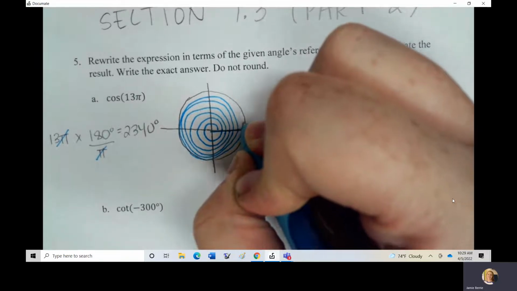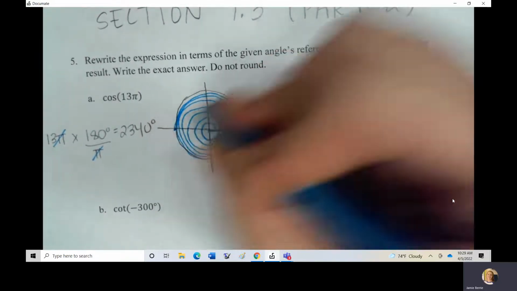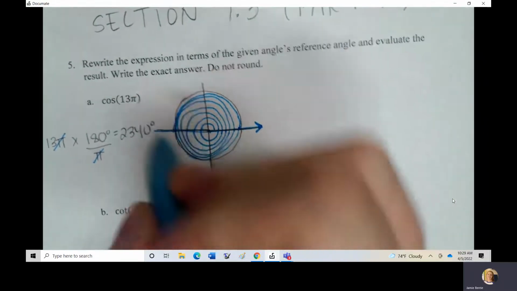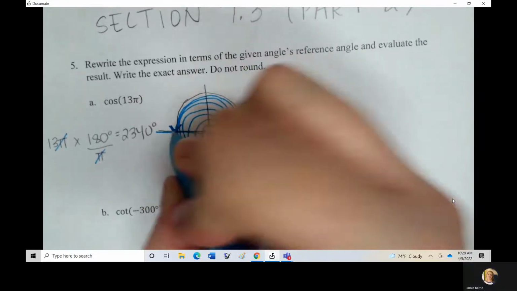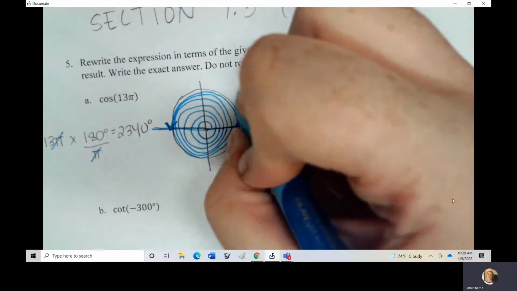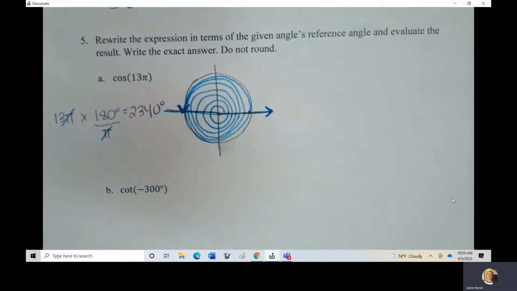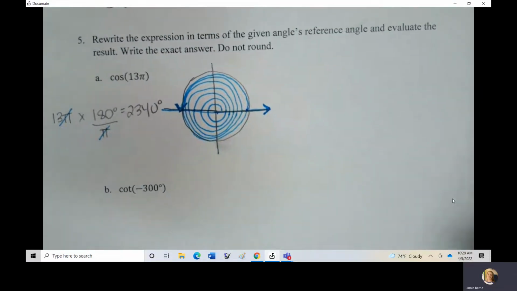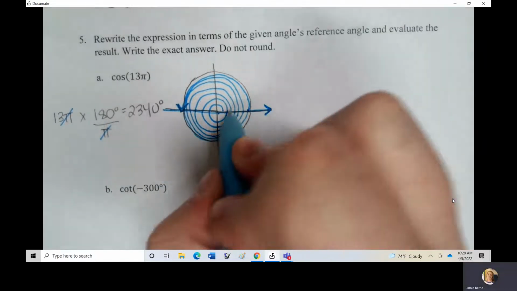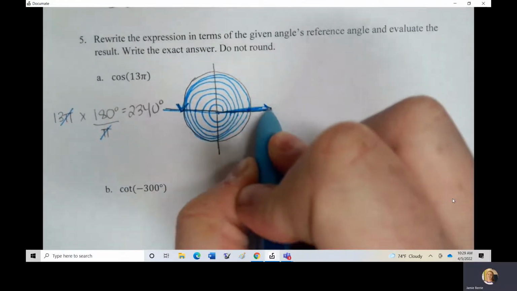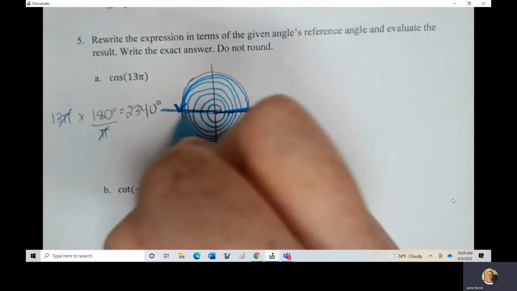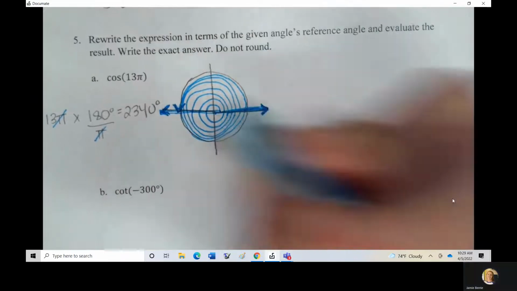So halfway around the unit circle would be here. There's our terminal side. So that is 13 pi, or 2,340 degrees. Initial side, terminal side.